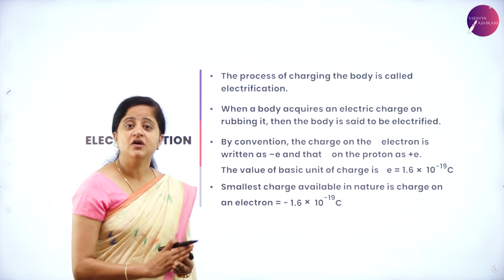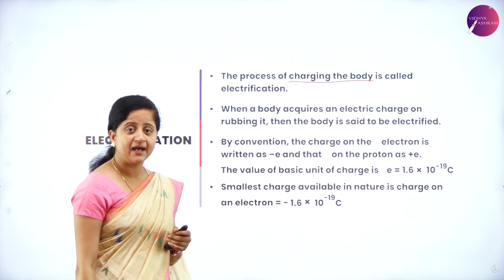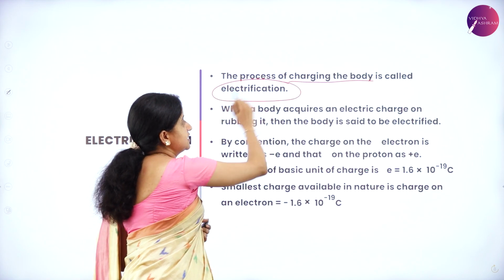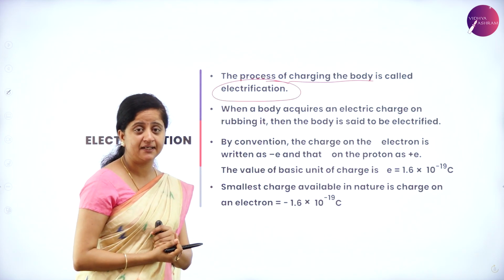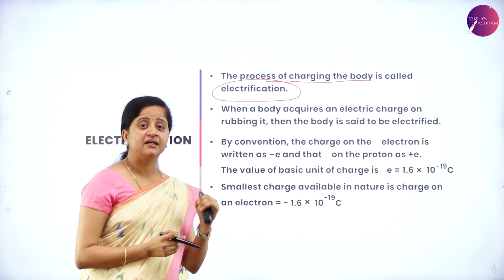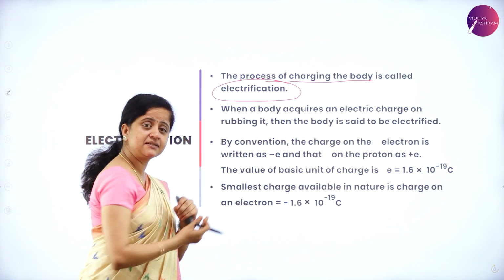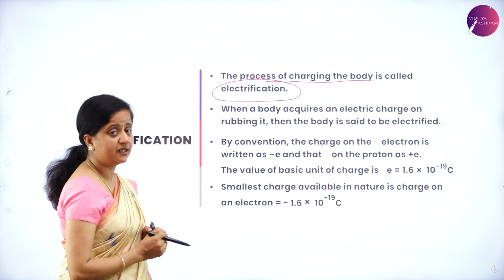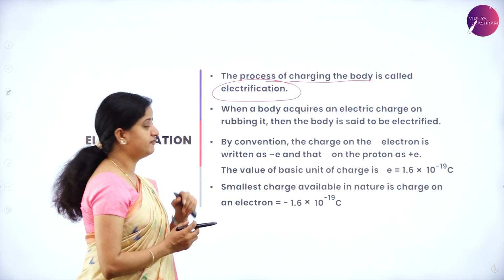Now the process of charging any body is called electrification. We are learning all the basic terms related to electrostatics because we are studying electric charges and fields in this chapter, so we must know all these terminologies. It is very important. The process of charging a body is called electrification.